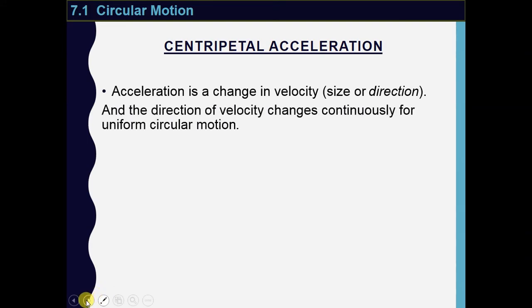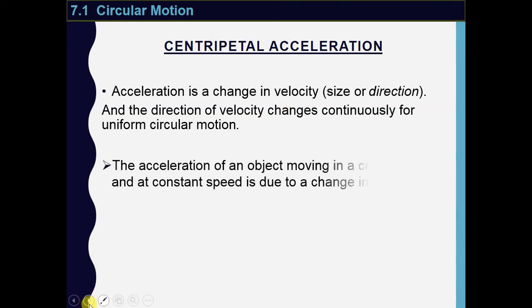This is the definition. And the direction of velocity changes continuously for uniform circular motion. So even though the circular motion is uniform, the speed is constant, but the velocity is changing because the direction of the object is changing every second. So we have acceleration.